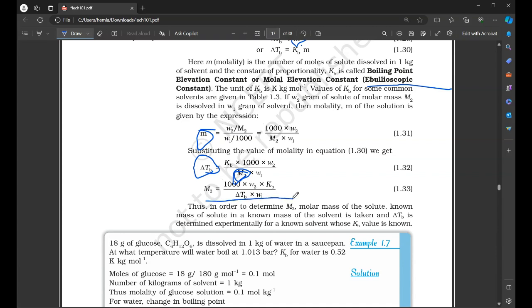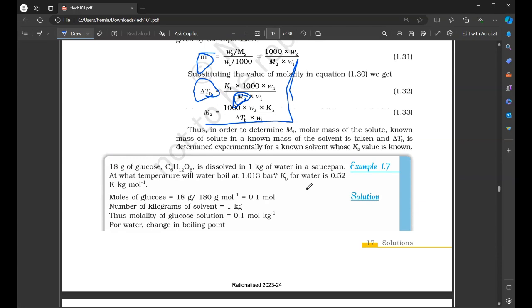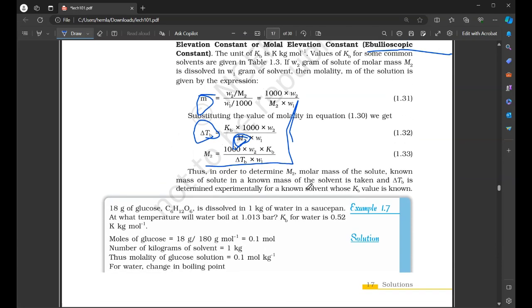So using the second colligative property we can find M2 also. Basically we are using these colligative properties to find the molar mass of the solute, and we can use it in different forms. Whichever values are given, you will have to identify in the question.